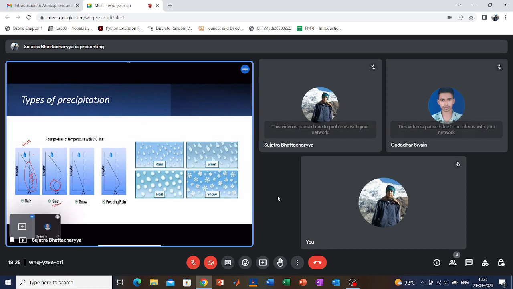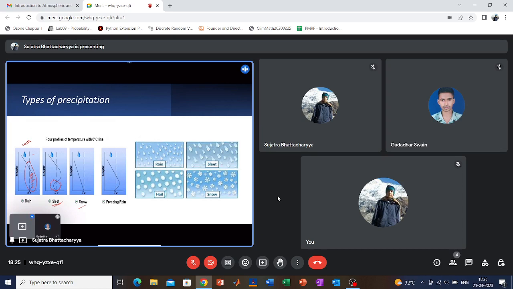Next is snow. Snow formation takes place in mountainous regions, where the temperature goes below 0 degrees Celsius. It is simple. And another is freezing rain. In freezing rain, the rain falls onto the ground and after that it freezes.